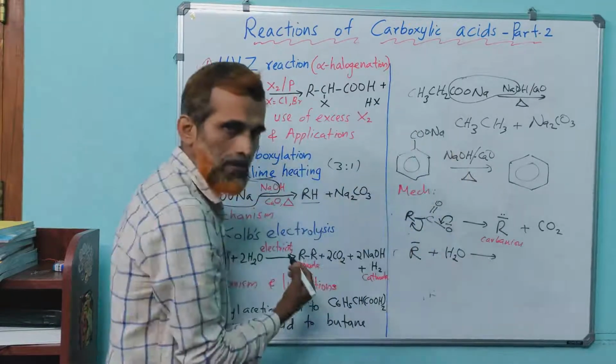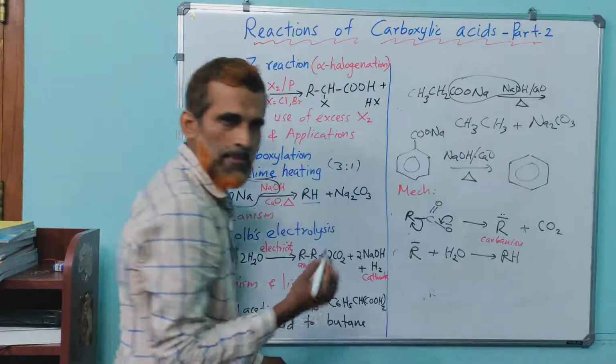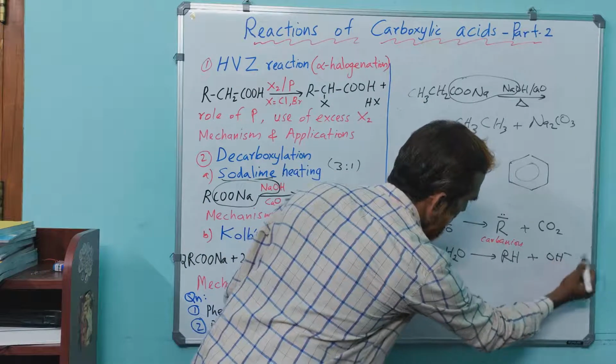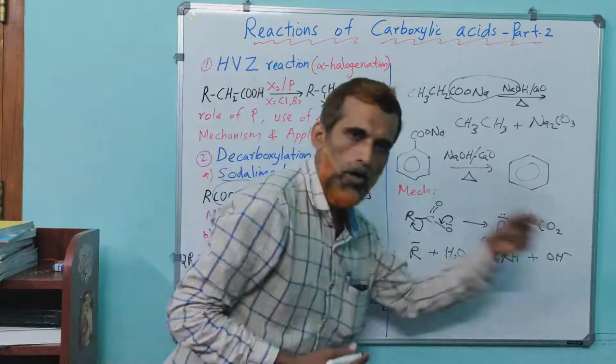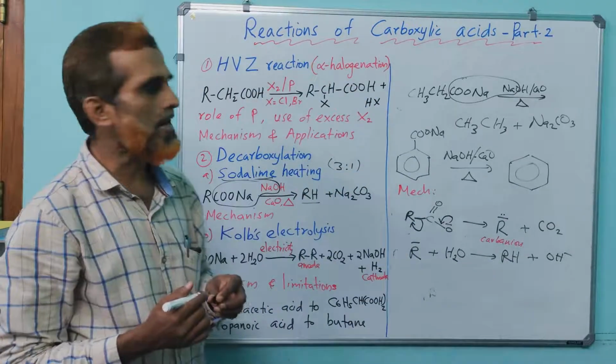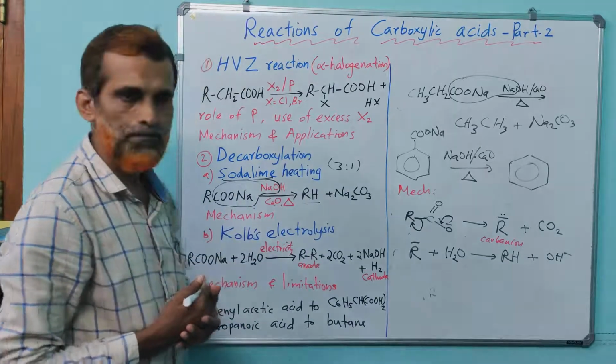It can take H plus and becomes RH. That is the product, and OH minus as the byproduct. It is lost. It is removed. So you get this alkane in this way. That's the mechanism of this soda lime heating reaction.